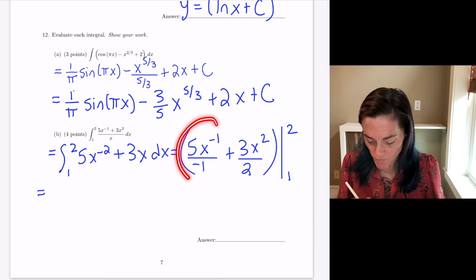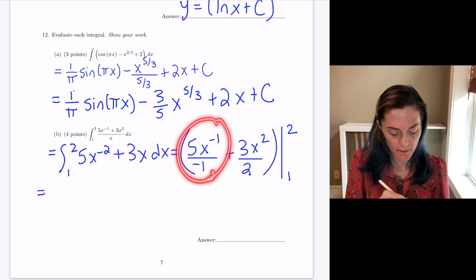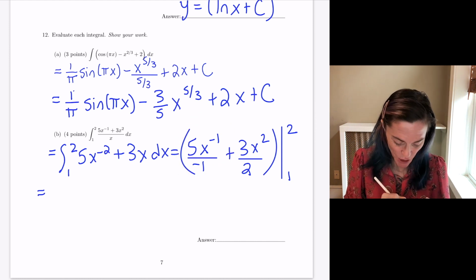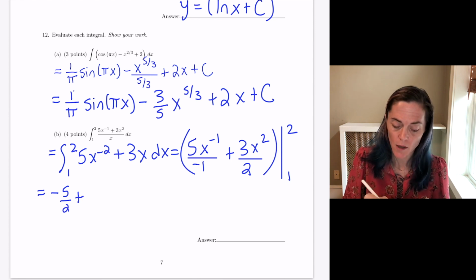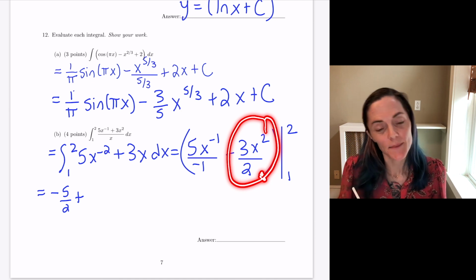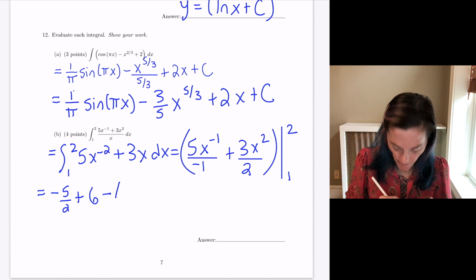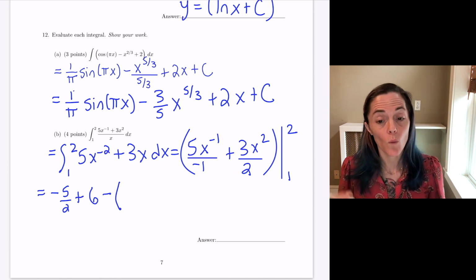The thing is, this first term is really minus 5 over x. So at first, evaluate at 2. I have minus 5 over 2 plus, well, when I evaluate this at 2, we have 3 times 2, which is 6. Now we subtract off, evaluate at 1.